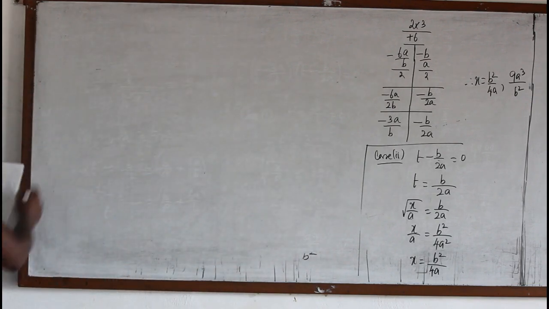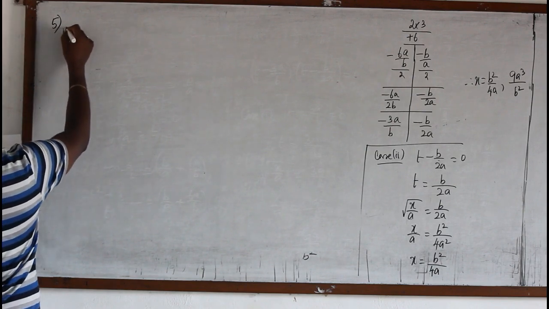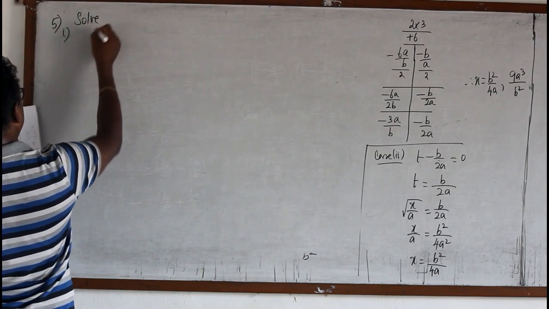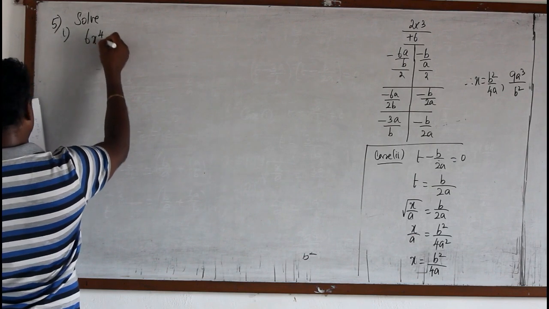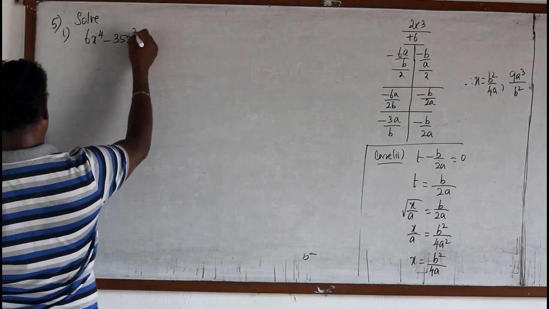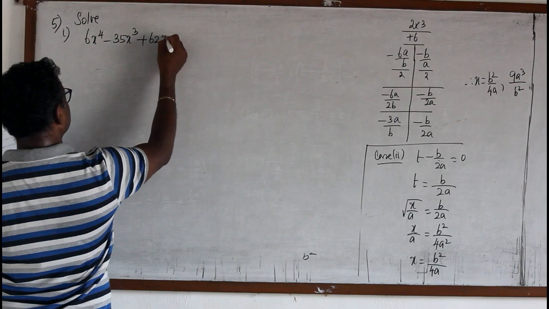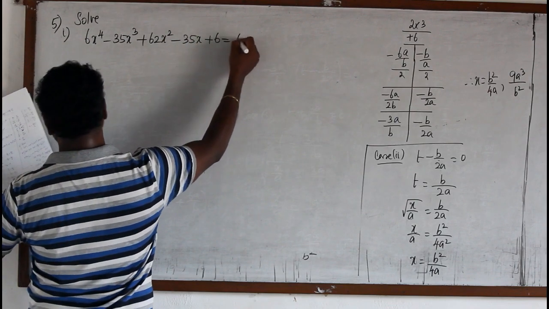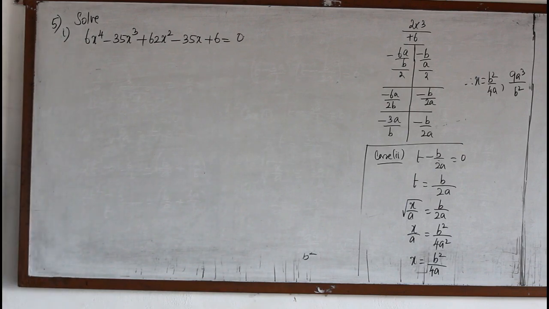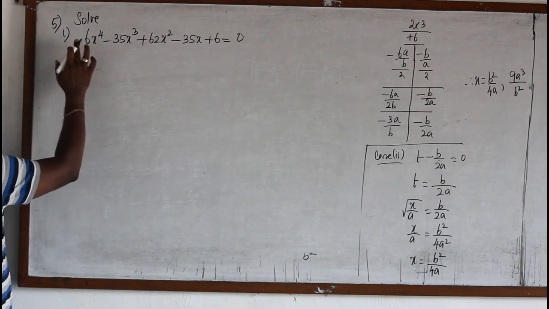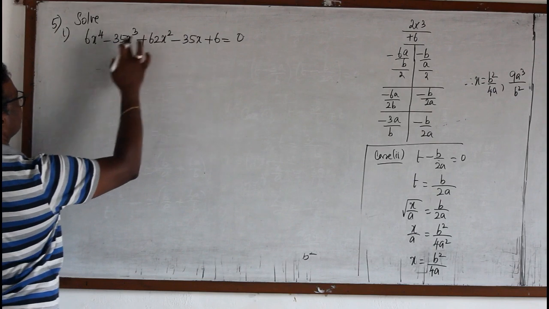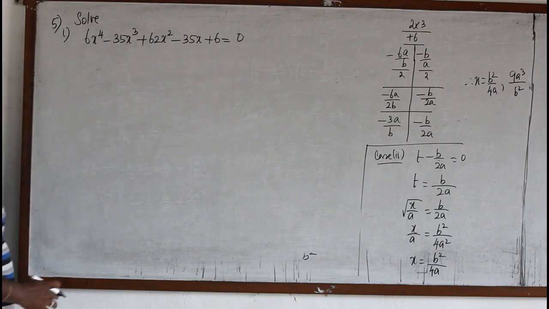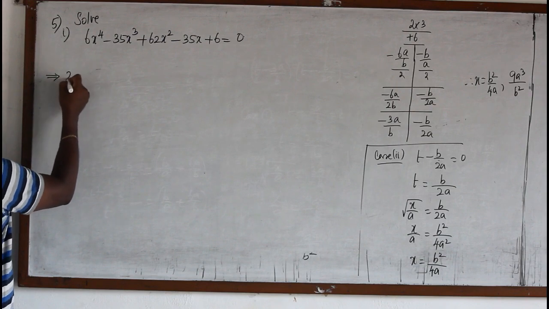So, go for the fifth problem. Another problem. Solve 6x power 4 minus 35x cube plus 62x square minus 35x plus 6 equal to 0. It is power 4, but we can see 6, minus 35, 62, minus 35. So reciprocal equation. So let me take x square out.